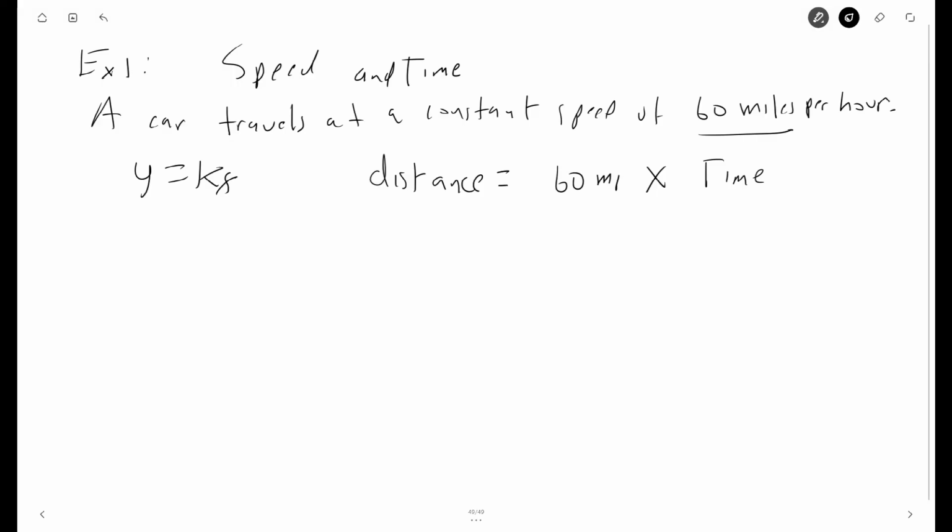So let's say the car travels for 3 hours. Then what is the distance?